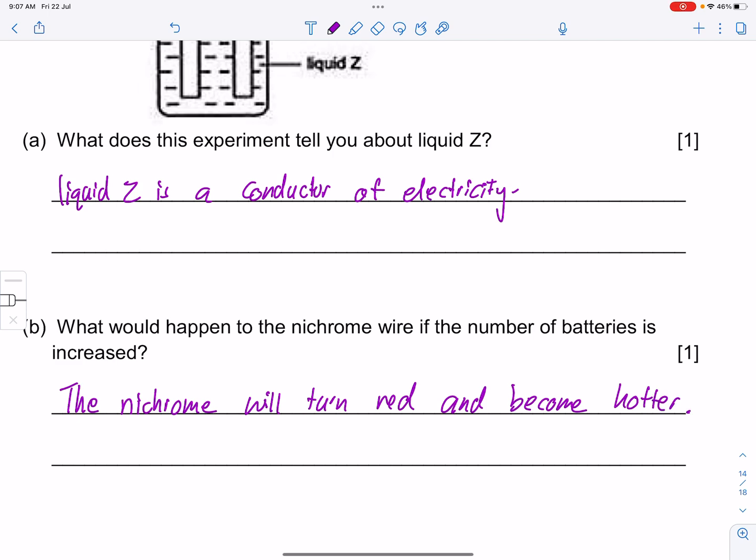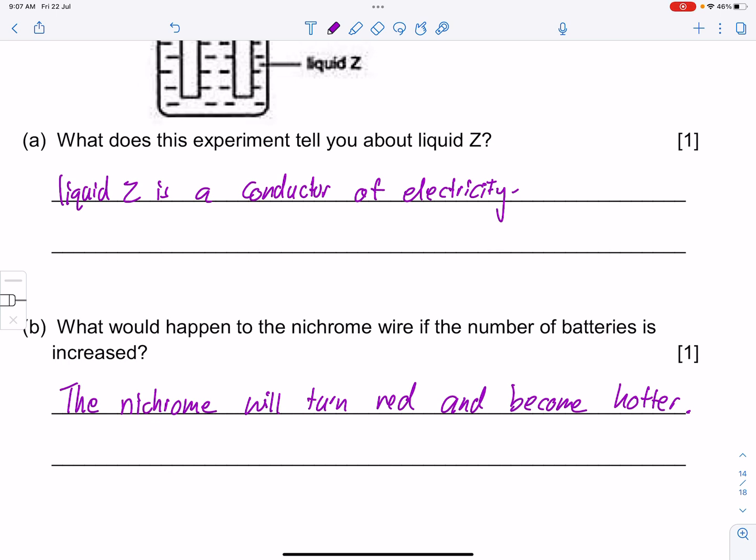I'm not going to fault you for the part that you didn't write down, because that is something that you wouldn't know. But you know your tungsten wire glows when electric current flows through it, and that's how you get light across the filament. If you draw a parallel to that, you will know that your wire would glow, turn red, and increase in temperature.